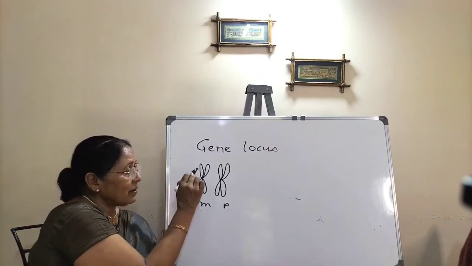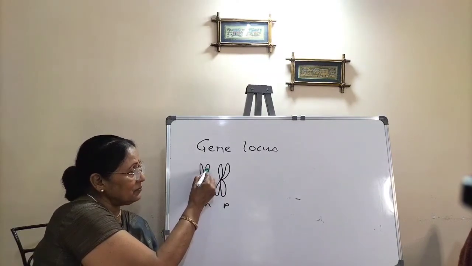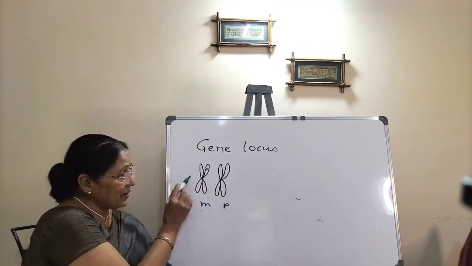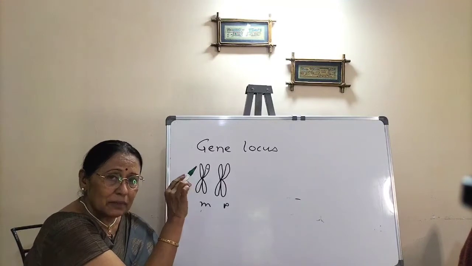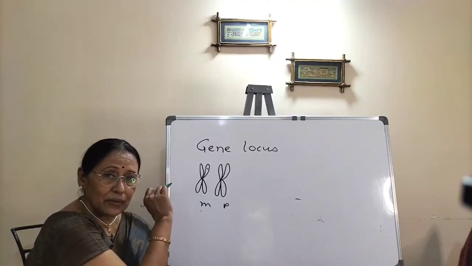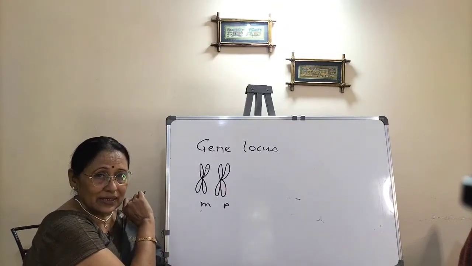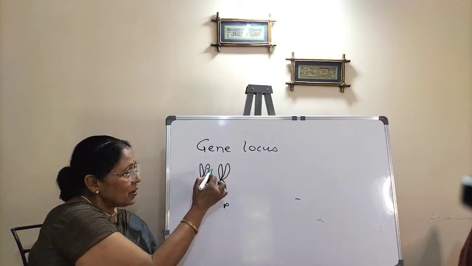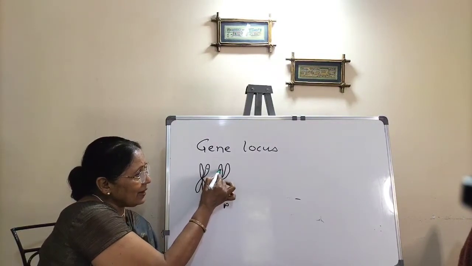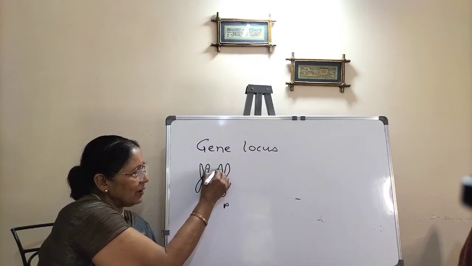Then if this chromosome is having the gene for a particular character at this position, the position of a particular gene on the chromosome is called gene locus. So its homologous chromosome will also have this gene at exactly the same location.